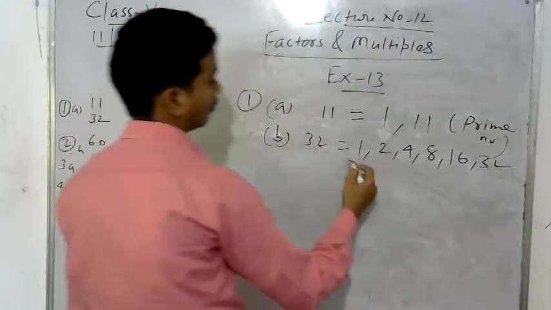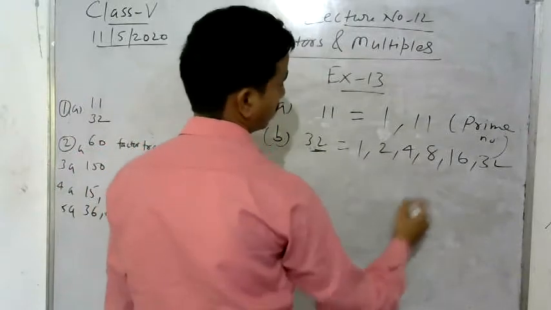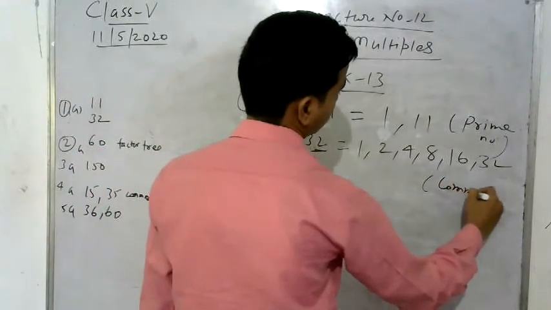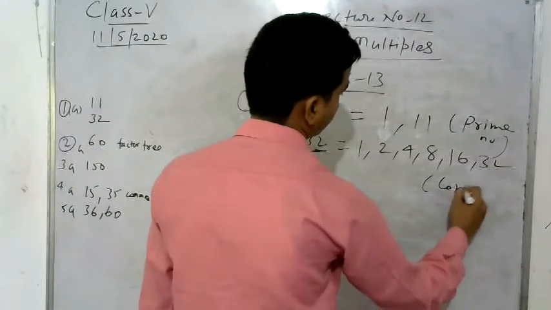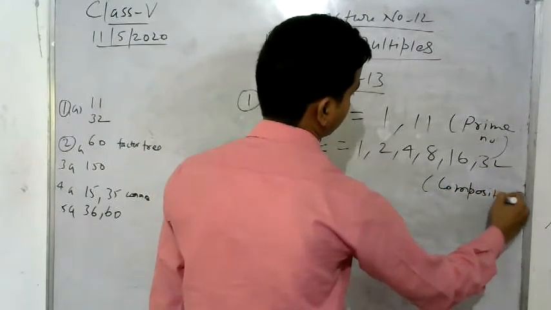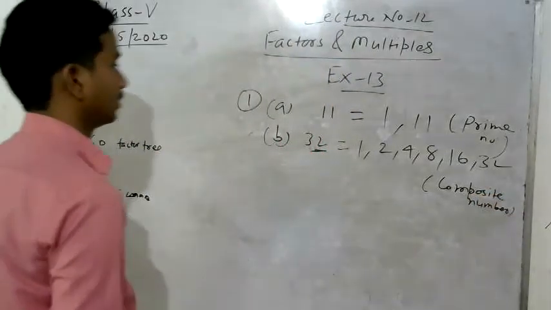So it has more than two factors. So any number which has more than two factors is a composite number. In this way you can solve it.